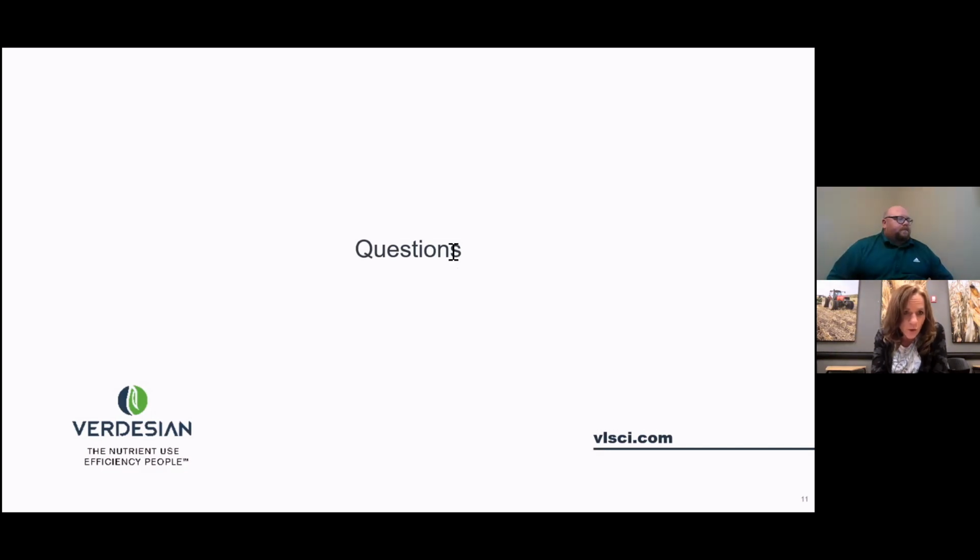Treg Owings says, what is your feeling on N stabilizers? We're having a debate on if they work on darker soils in our area of the Palouse. The higher your organic matter, the darker your soil is.